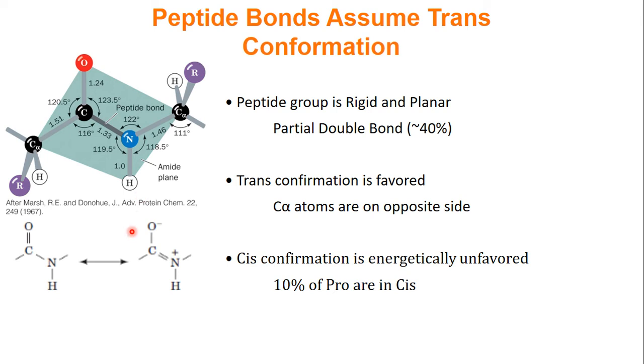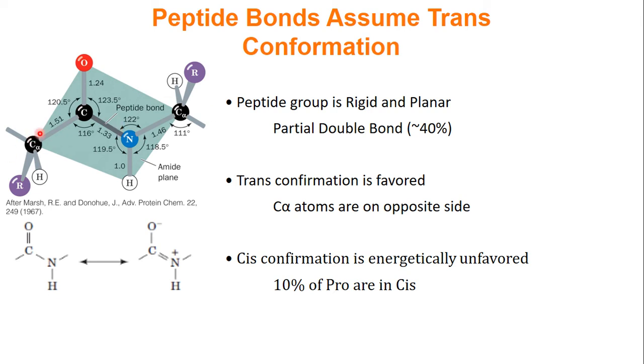What that means is, since you have partial double bond structure here, you cannot rotate around this bond. This bond is rigid. And that means that the peptide bond actually has two conformations it's generally in. If your side chains are pointing in different directions, we call that trans.